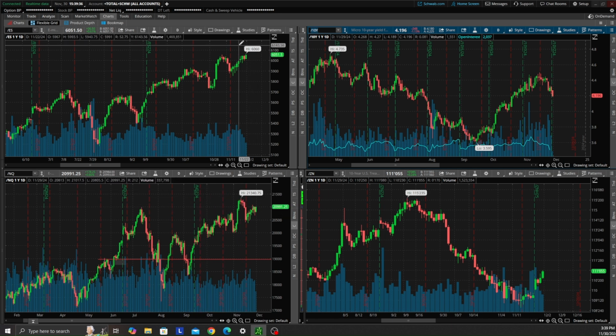We talked about how the markets were at highs, but our growth stocks, our NASDAQ, our tech stocks are lagging a little bit, and we're seeing the money shift from risk into safety. What does that mean for markets looking ahead? I'll let you be the judge of that. Start to think for yourself. Could that mean a potential pullback if the money is shifting towards safety? I don't know.